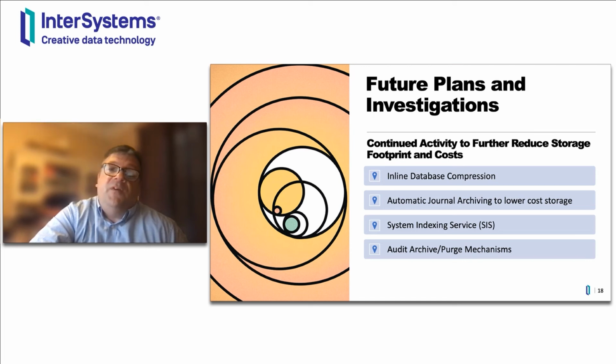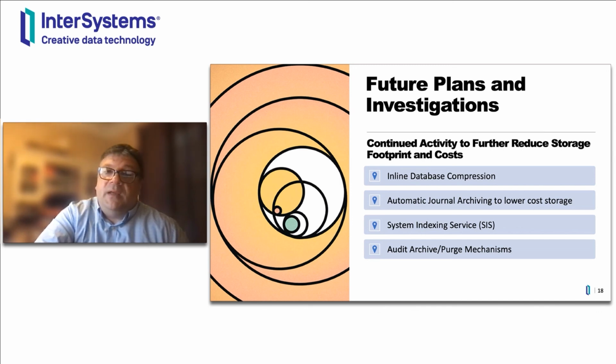The initial testing is very promising, and we're seeing about 80 to 90% inline compression, and it would be a great candidate for all those audit databases as well. Next, automatic journal archiving to push to lower cost storage. This will be in addition to the journal compression and would be able to move journal files automatically to a secondary location and even cloud-based object storage such as S3 or Azure Blob Storage.